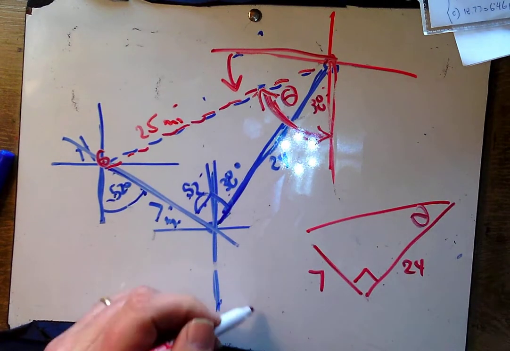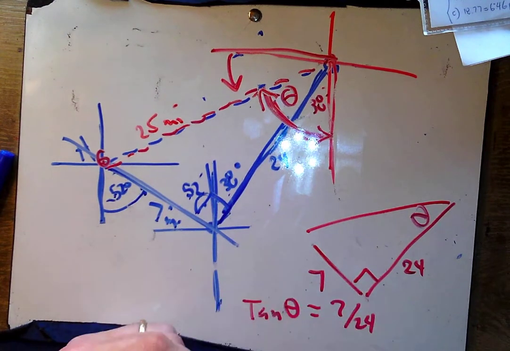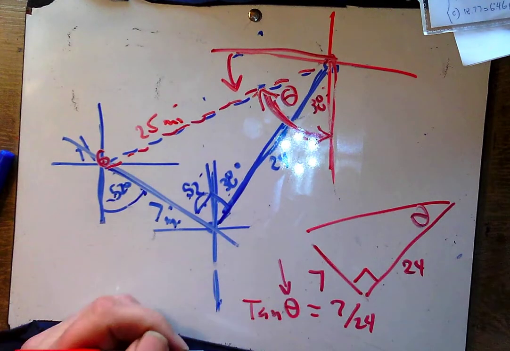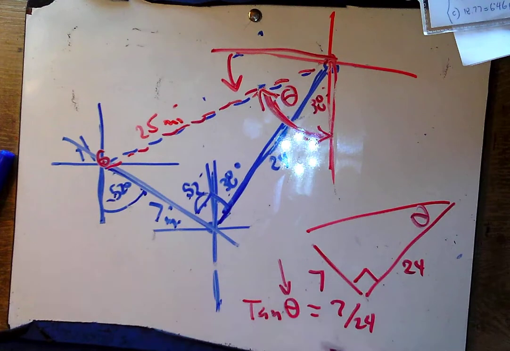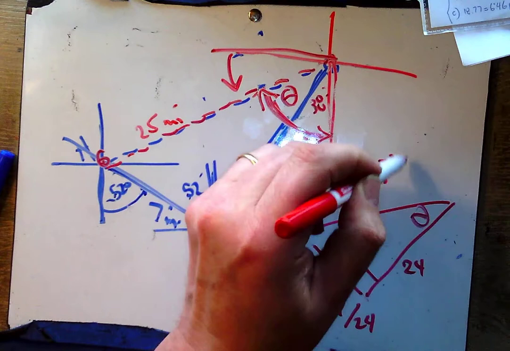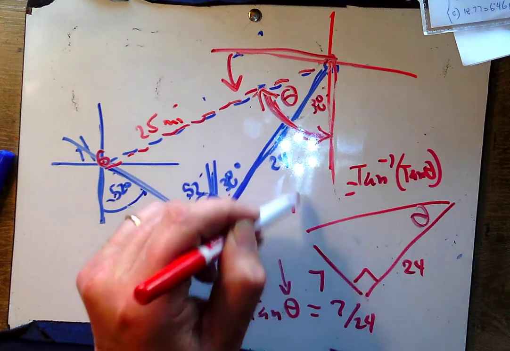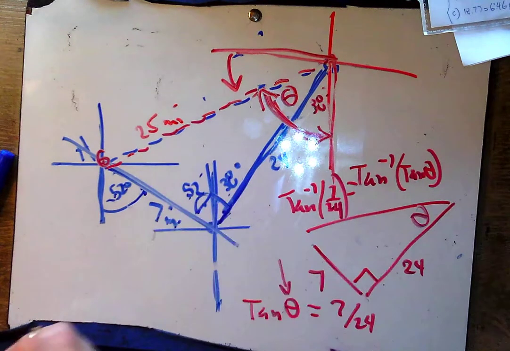This is going to be tangent of theta is 7 over 24. And so if I want to know what theta equals, well, I'll take the inverse tangent of each side. So I'm going to take tangent inverse of tangent theta equals tangent inverse of 7 over 24.